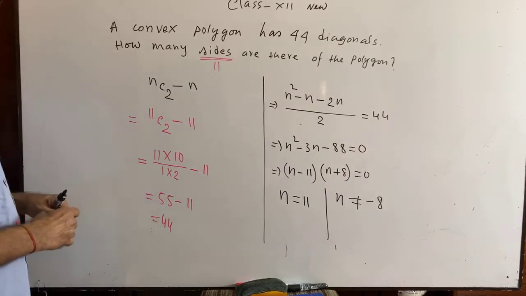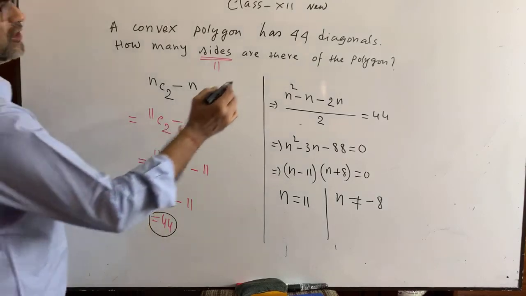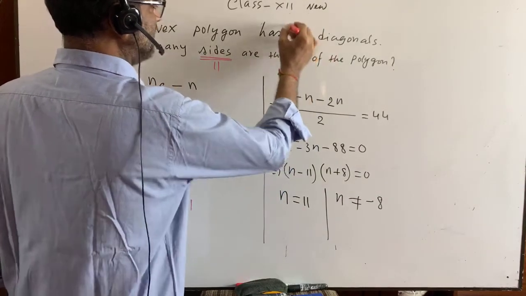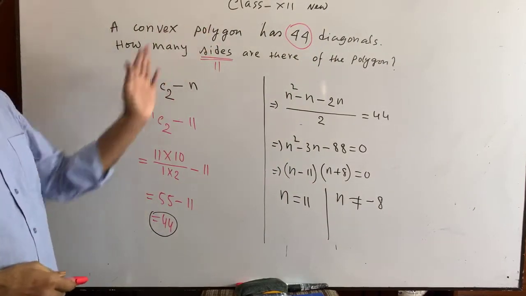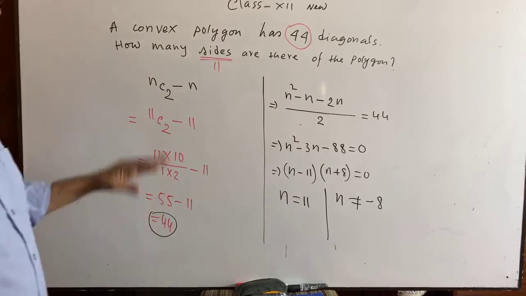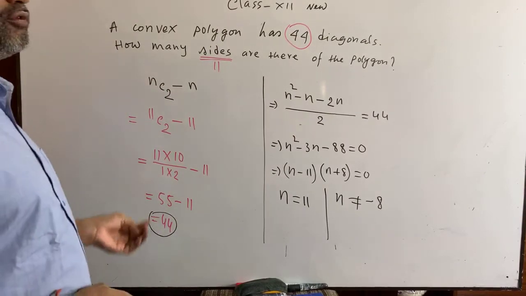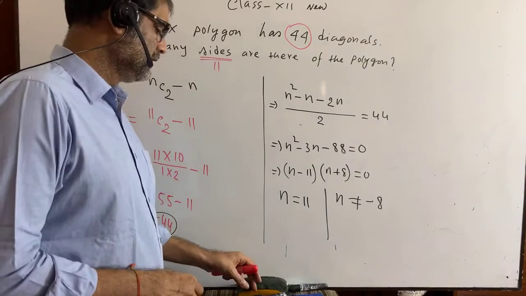Thus we have verified that our answer is right. We were given 44 diagonals in the question, and we have got 44. Actually, this was reverse math for verification. It is better to verify in the exam hall, otherwise normally students will remain confused.